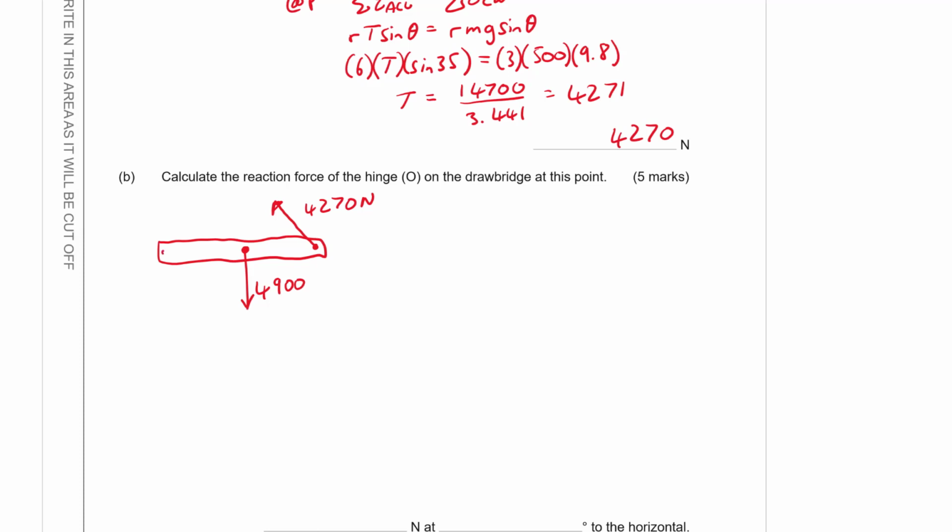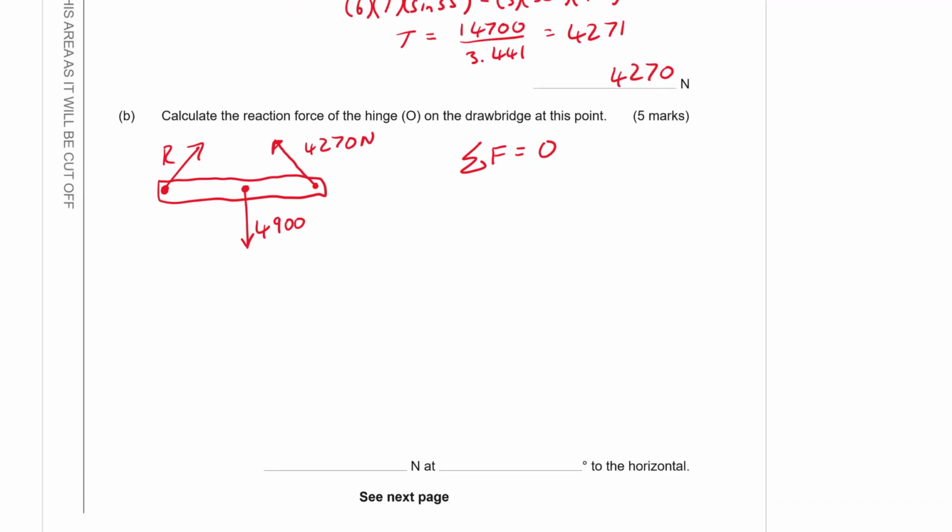And we have a reaction force here. Now we don't know the angle and we don't know the magnitude, so we're just going to draw a rough guide there. So we have to start with the assumption that for this whole thing to be in equilibrium, the sum of all the forces must equal 0. So let's talk about the reaction force horizontally.